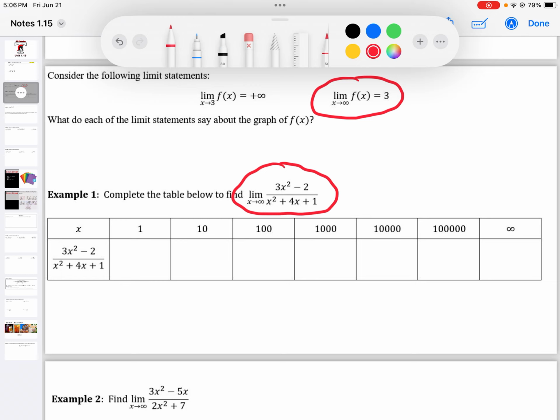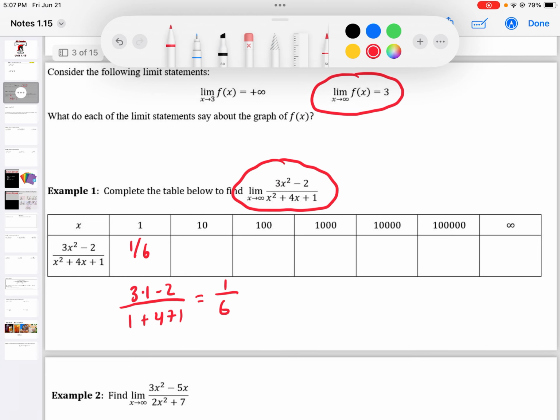So let's find the function value when x is 1. It'd be 3 times 1 squared minus 2 over 1 squared plus 4 times 1 plus 1. And that would give us 1 over 6. All right. Not a lot to take away there, but let's try to plug in 10. If I plug in 10, I would do 3 times 10 squared.